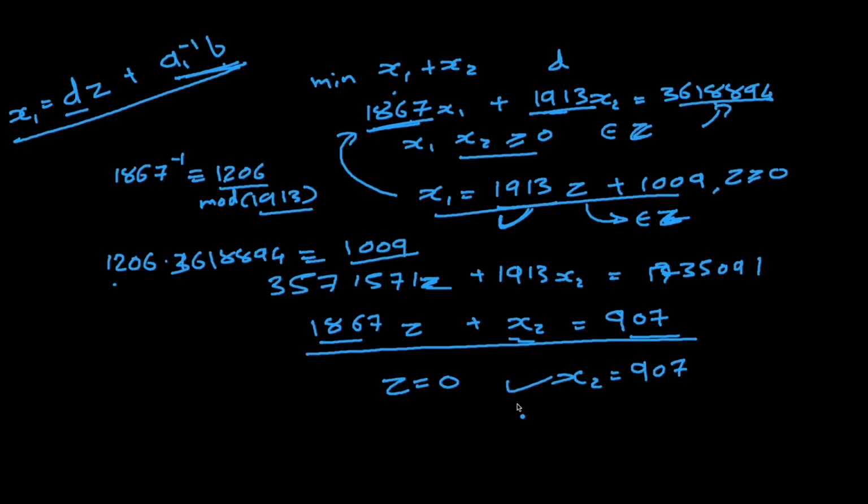We basically solved it for x2, then we can substitute it for x1, or we can say that z equals 0, put it in this equation, so we have our x1 equal to 1009. Right, so this is the only solution and the optimal solution for this problem.